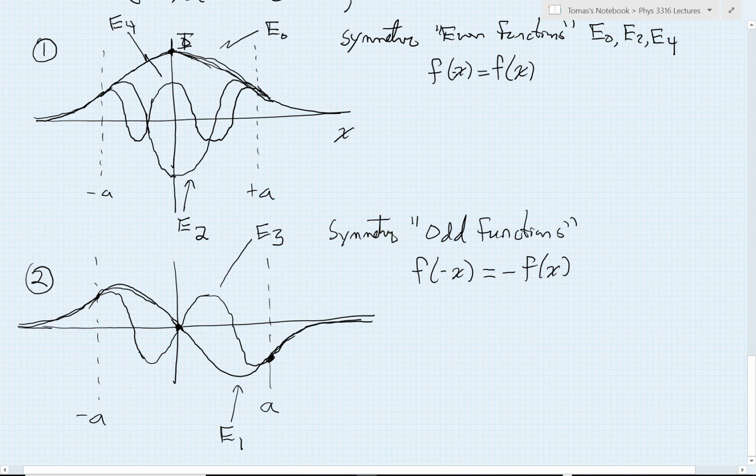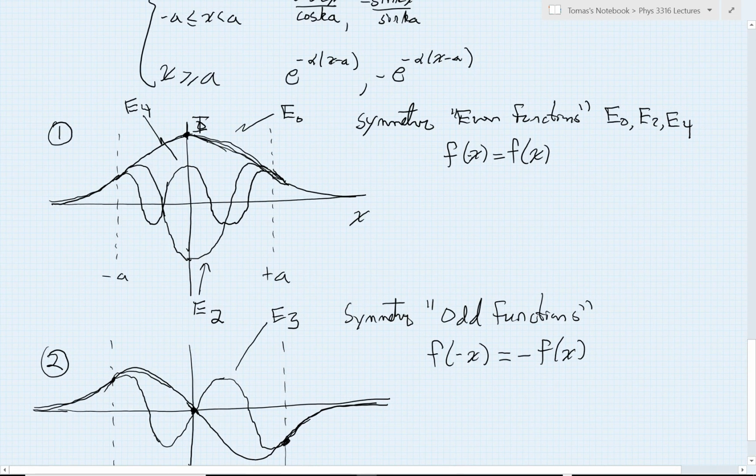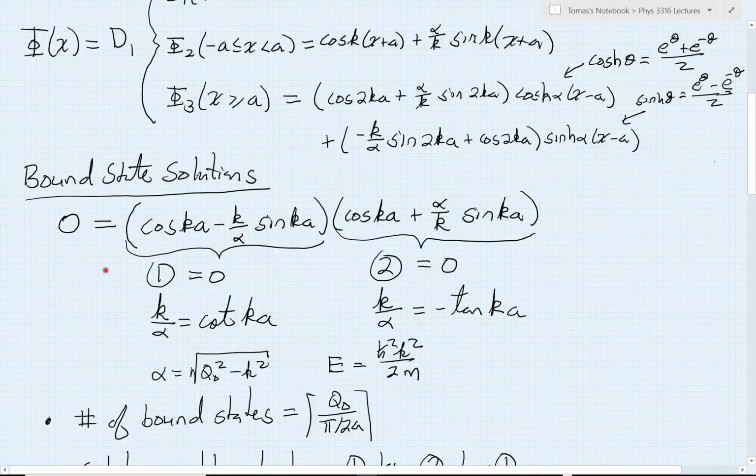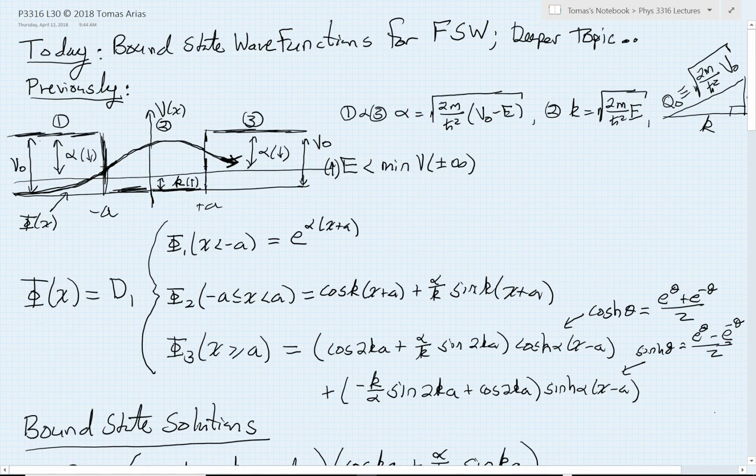What seems to have happened is my system has factorized into two very different types of states, either even functions or odd functions. The origin of that has something to do with my original potential, which was completely symmetric with respect to x. If it weren't symmetric, there'd be no particular reason to expect the tails on either side to be the same, and I wouldn't have any particular type of symmetry.